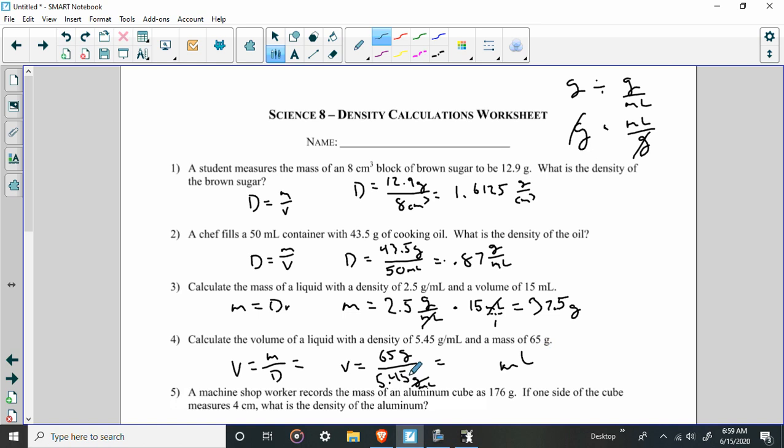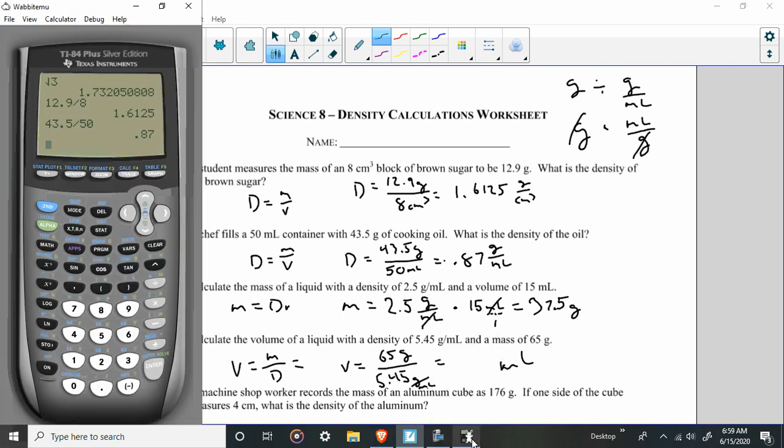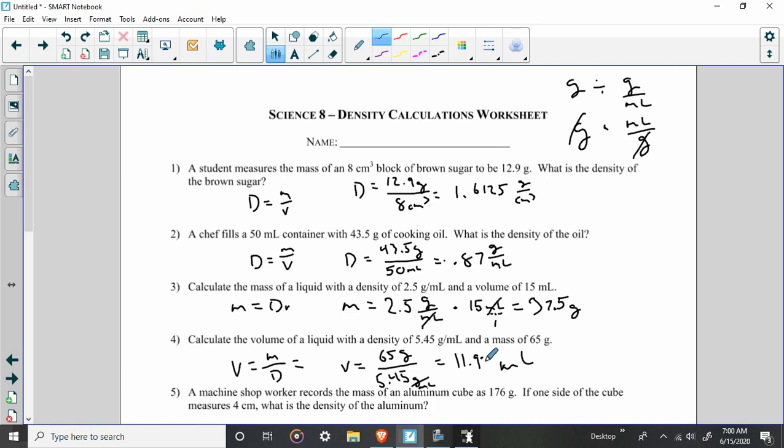Okay, and 65 divided by 5.45 is going to give us 11.93, we'll call it. 11.93. So again, knowing the density of an object and the mass of it, or some substance, right, we can very easily find the volume.